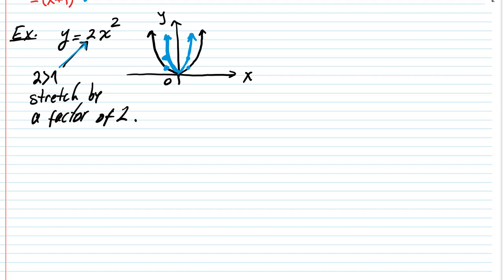Now, what if that was, let's say, 1/3? Then I'll just make the ordinate, or height, of the graph 1/3 of its original value. So again, the vertical compression this time gives the graph a widening effect. For instance, let's say I have 1/3 x squared.